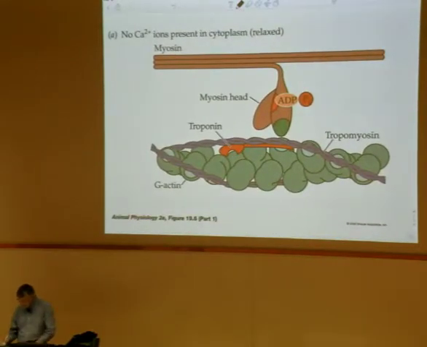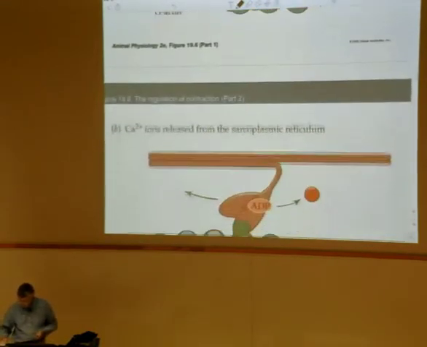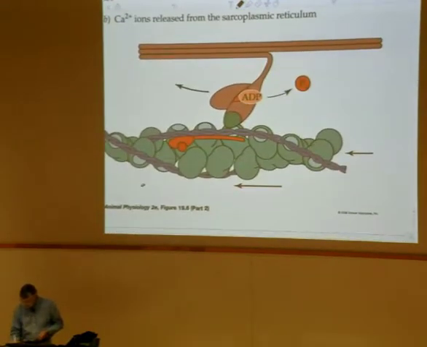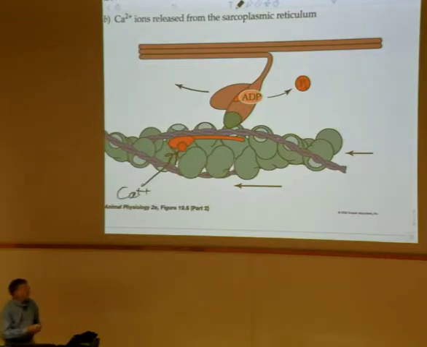Okay, so in the absence of calcium, no binding. Here's ADP, and here's a phosphate. Okay? And this is in what's called the cocked position. Ready to go. When calcium comes in, so when calcium is present, that shifts the tropomyosin, the binding site is exposed, and myosin head binds, phosphate pops free.